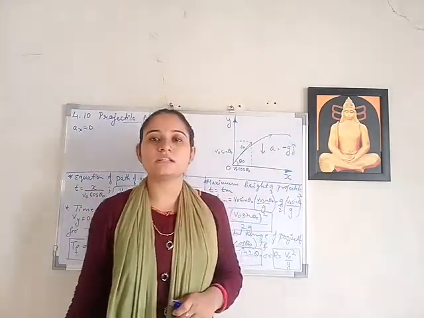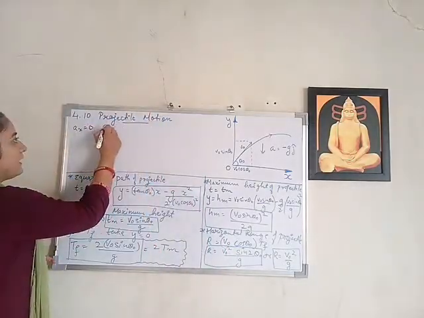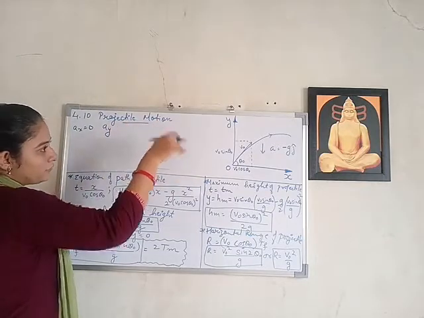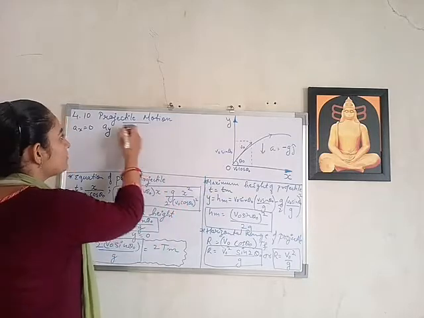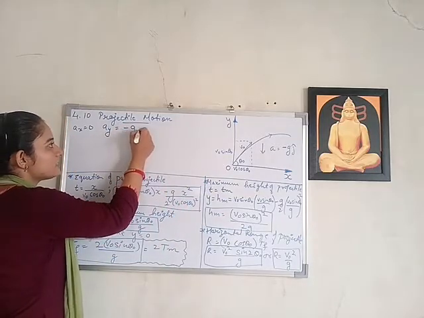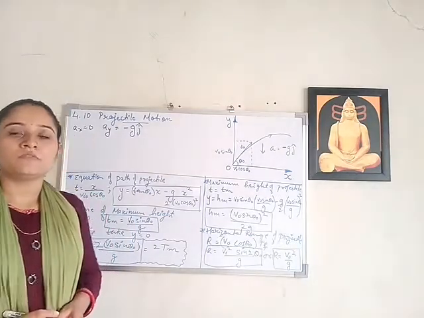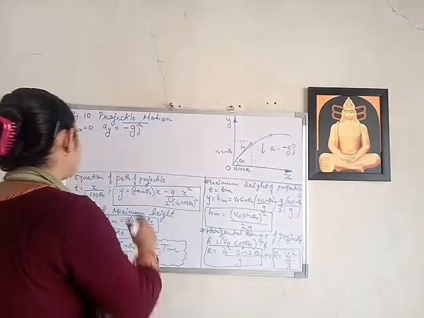The minus sign is because it is in the opposite direction. So here the acceleration is in the vertical downward direction, but the ball is moving upward, so ay equals minus g j. Clear?